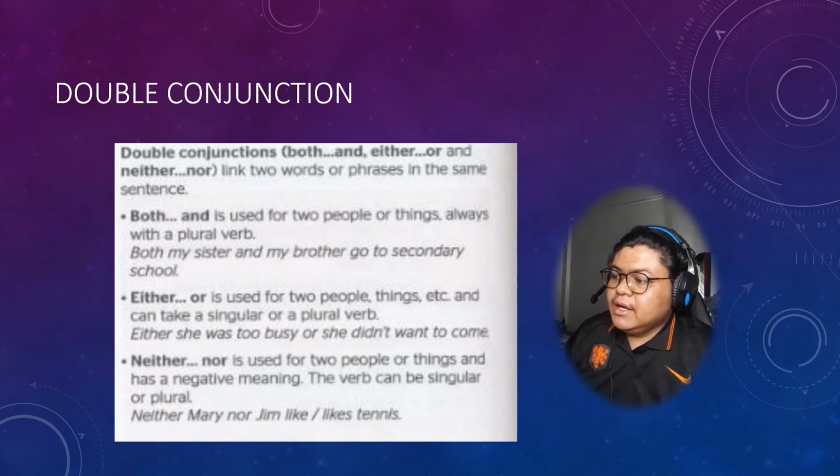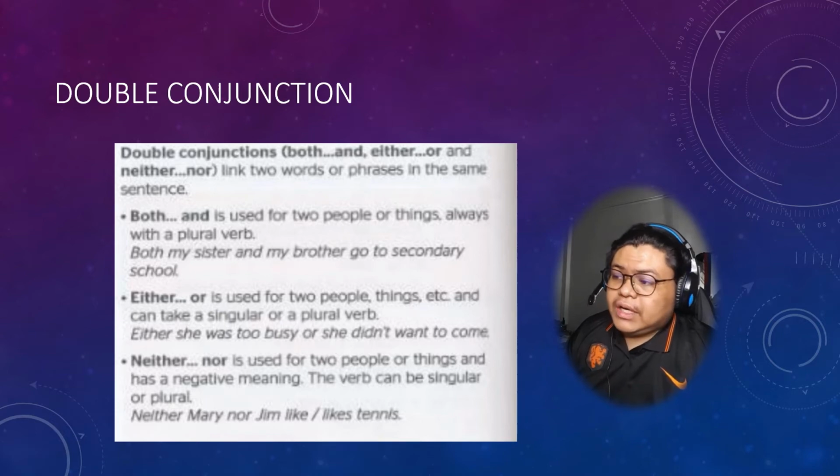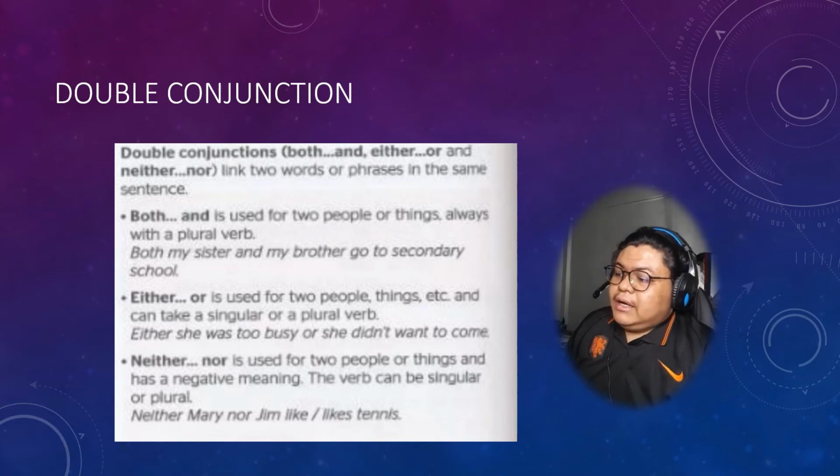Okay, contohnya kat sini, both my sister and my brother go to secondary school. Nampak? Go, bukan goes. Itu verb yang datang selepas subject tu. Okay, so apa maksudnya kat sini, kedua-dua kakak saya dan abang saya pergi ke sekolah menengah. Okay, dalam ayat tu lah, right. Okay, that is for both and.